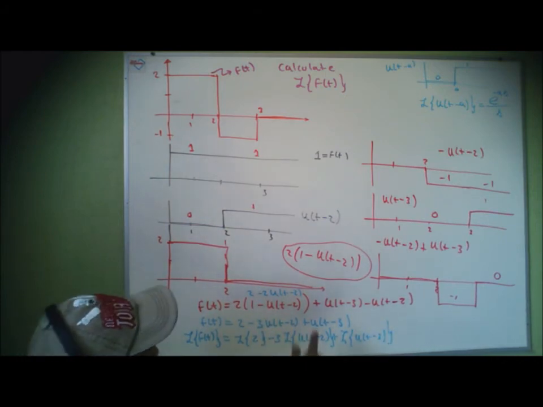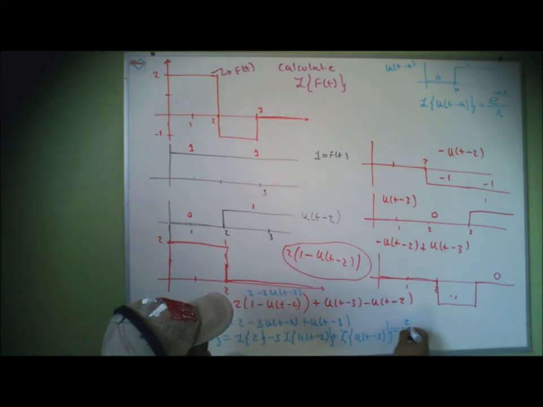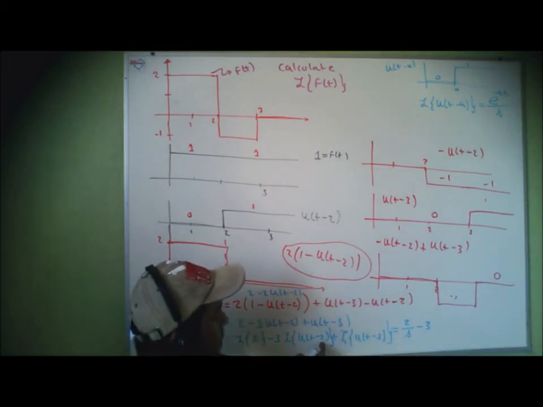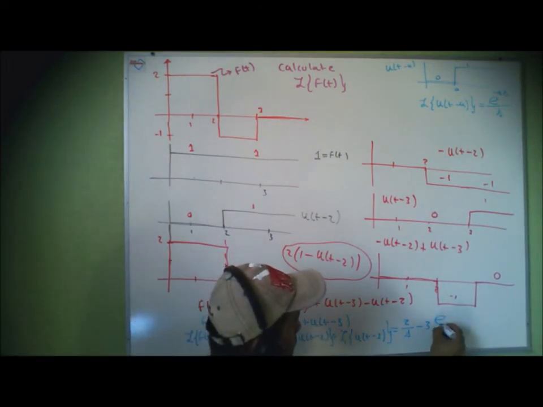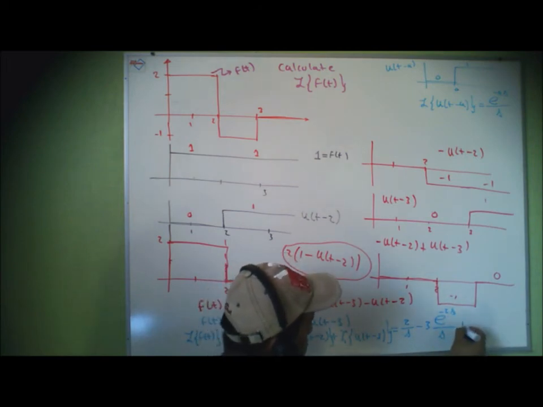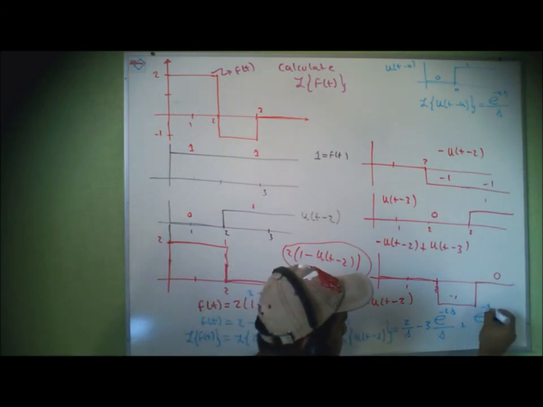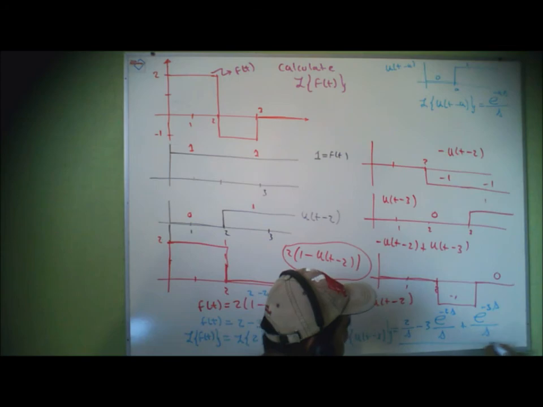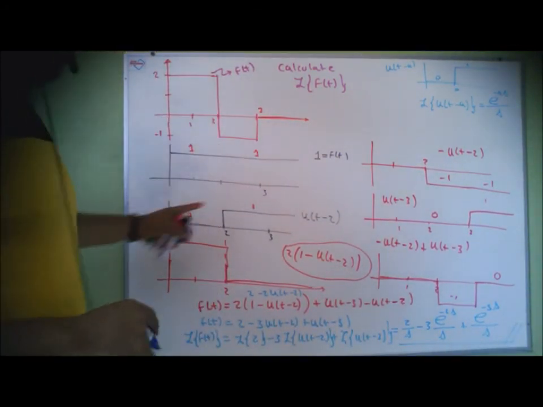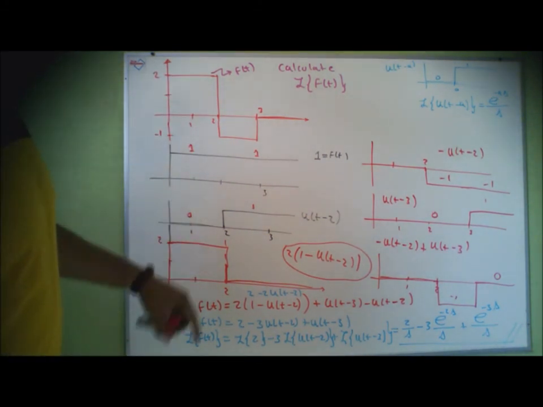Because we already have the formula, this is 2 over s, and then minus 3 times, with a equal to 2, exponential of minus 2s over s, and then plus, with a equal to 3, exponential of minus 3s over s. And then you get the Laplace transform of this function without using the definition, which is the integral.